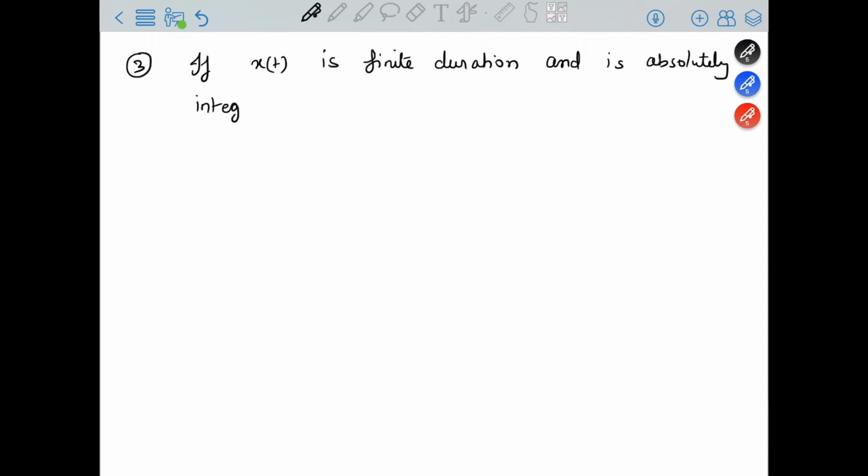The next property states that if x(t) is finite duration and is absolutely integrable, then the ROC is the entire S plane. This property is very important, you have to understand it. So if the signal x(t) is finite duration and is absolutely integrable, then the ROC is the entire S plane.